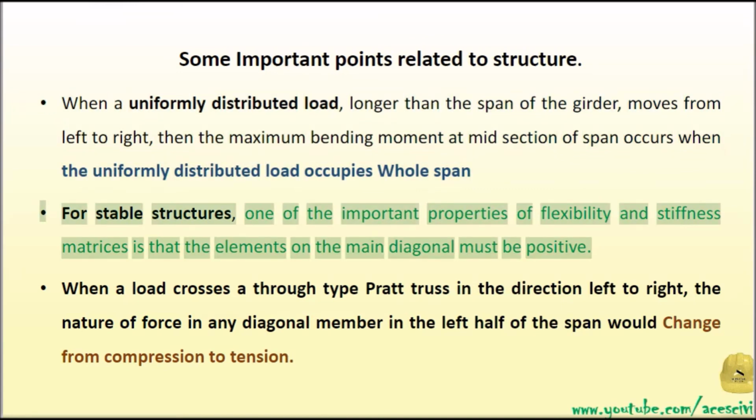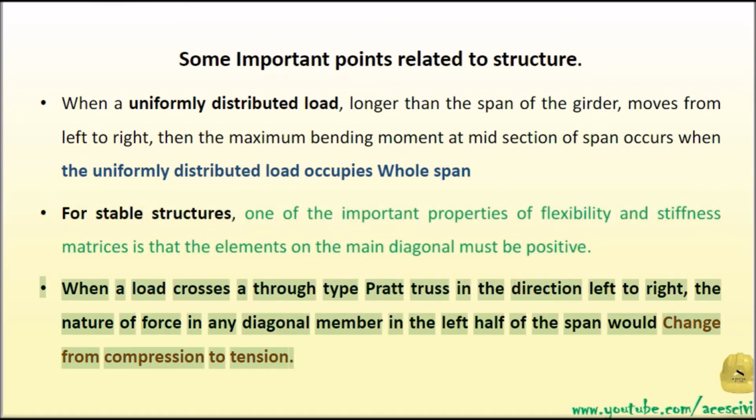For stable structures, one of the important properties of flexibility and stiffness matrices is that the elements on the main diagonal must be positive. When a load crosses a through-type Pratt truss in the direction left to right, the nature of force in any diagonal member in the left half of the span would change from compression to tension.